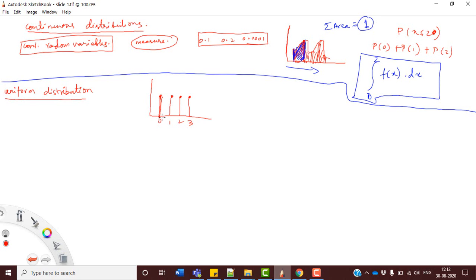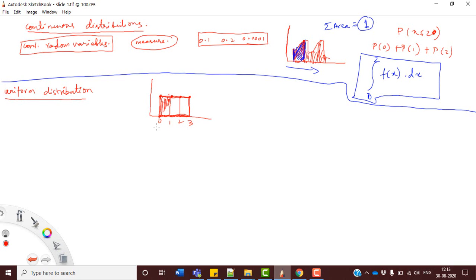Now taking that concept into a continuous random variable, the example of Dhoni completing the run between the wickets, it could be 0.01 seconds or something, for all the values. So all of these will have similar probability, suppose. So this becomes a parallel line.